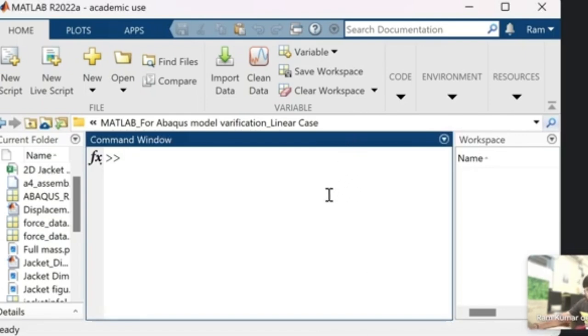Can you see my screen? Yes, sir. Okay, so I just want to show you how much difference we are getting.